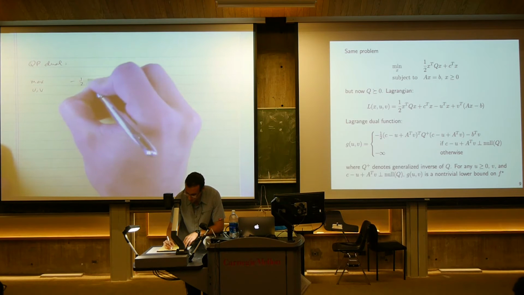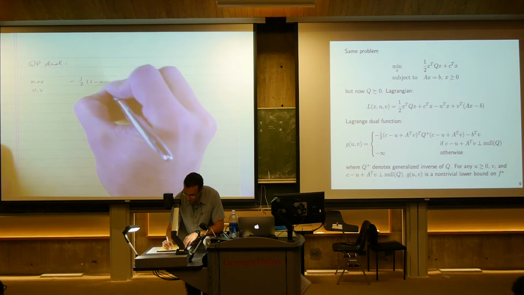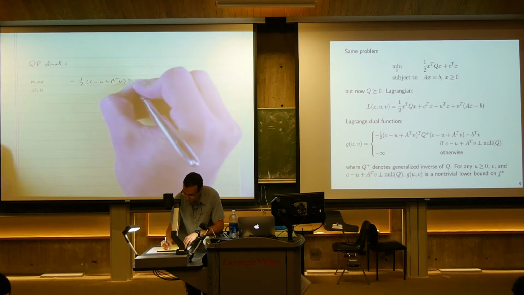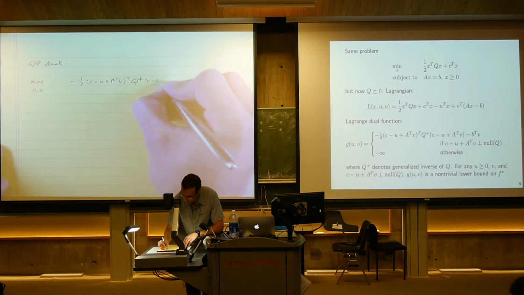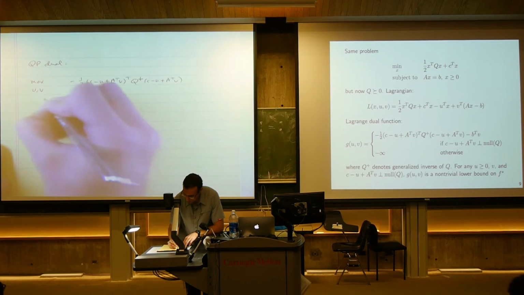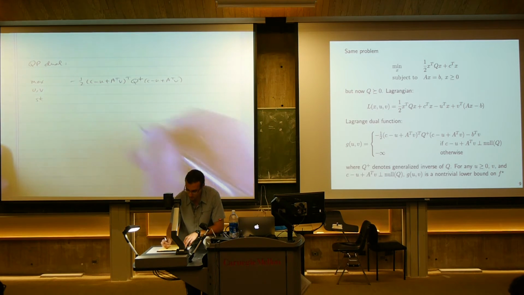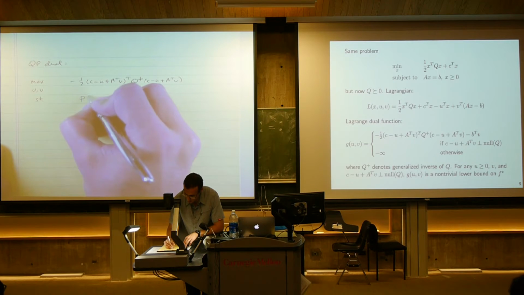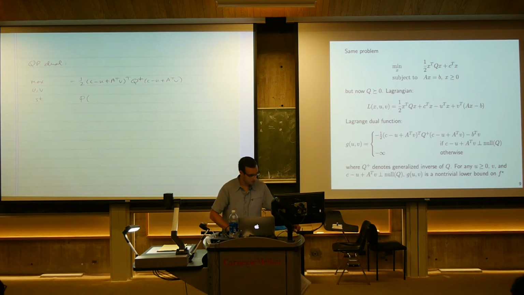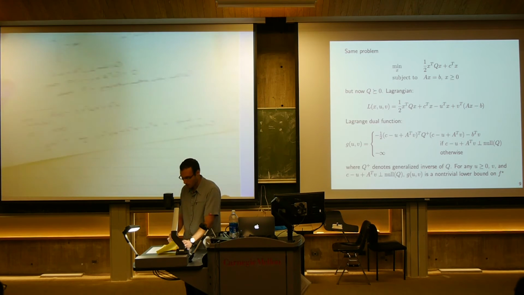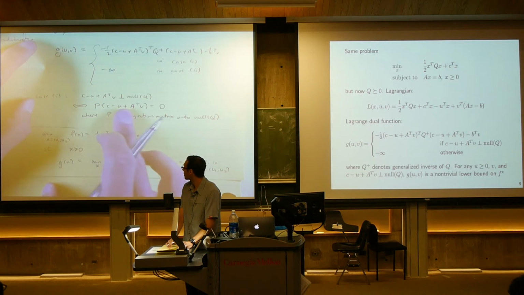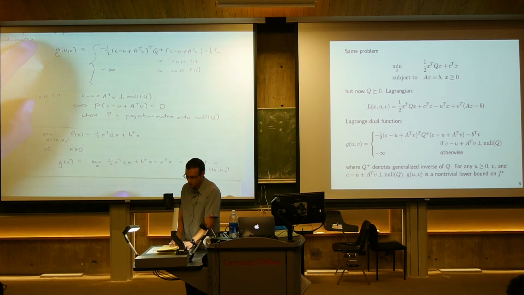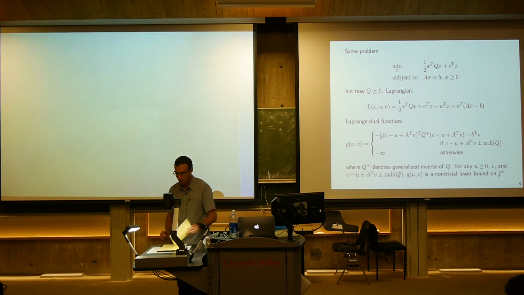We can write it like this: maximize negative one half of (c minus u plus A transpose v) transpose Q pseudo inverse (c minus u plus A transpose v), subject to, well, actually two constraints. We must have this matrix P that I introduced. Remember here, I said that that matrix times this being equal to 0 is equivalent to this being orthogonal to the null space. It's the projection onto the null space of Q.